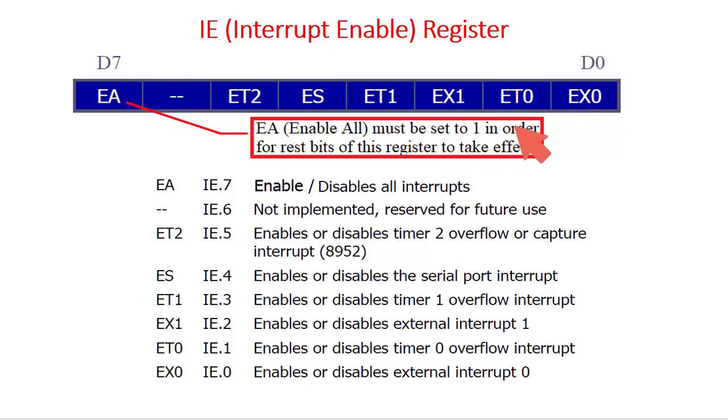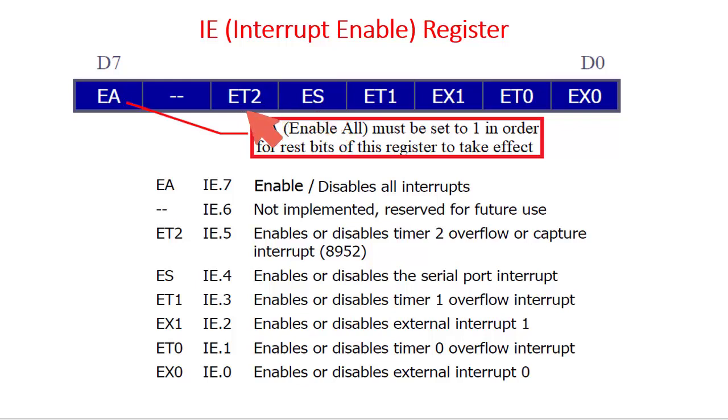Now ET1 and ET0 are related to the timer. This ET0 is for enabling or disabling the timer 0 overflow interrupt. And this is for timer 1. Next is the ES. This is related to serial communication. This ES bit is to enable or disable the serial port interrupt.